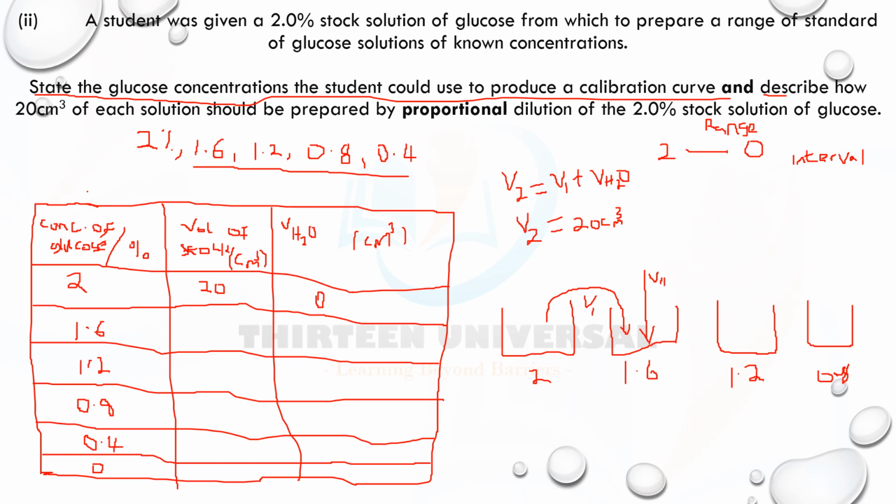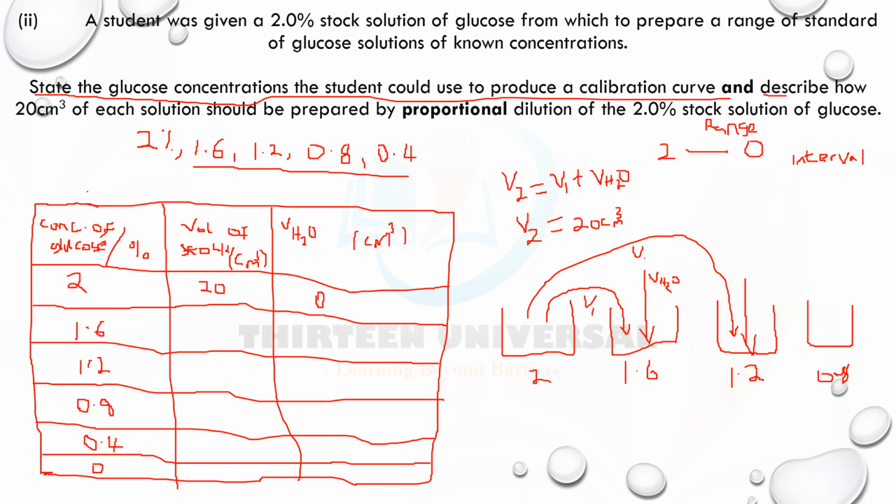If I want to produce 1.2 from the 2% stock, this is proportional, so you use stock to produce every other. But if it's serial, you don't do that. You use the immediate preceding solution to make the succeeding. Then add water, just like that. So you need to calculate V1 for each of them.